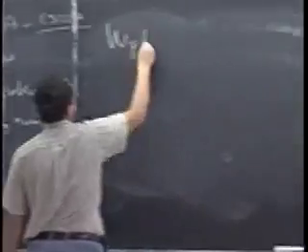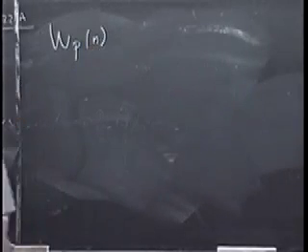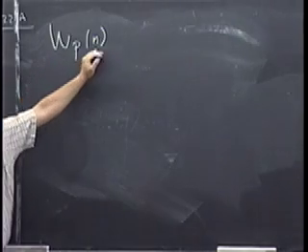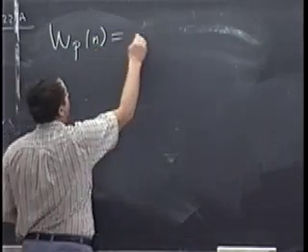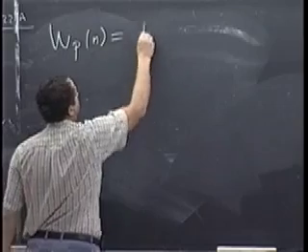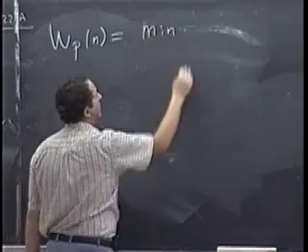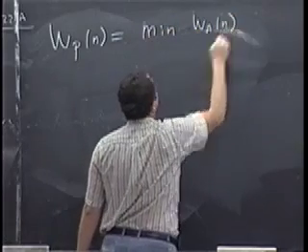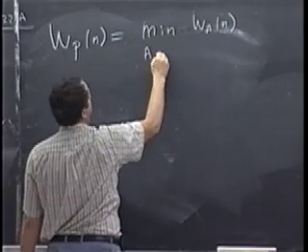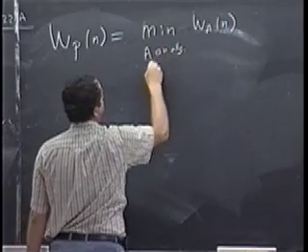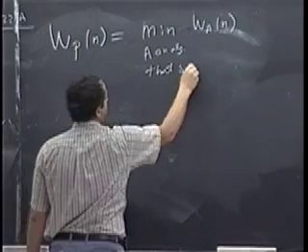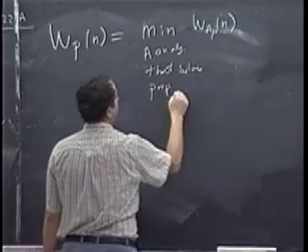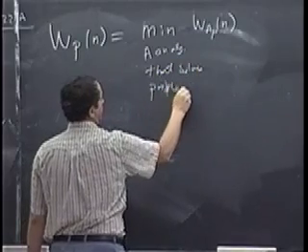But we can just define the worst case behavior of problem P as a function of n. And that's going to be the min of W_A of n over A, an algorithm that solves problem P.